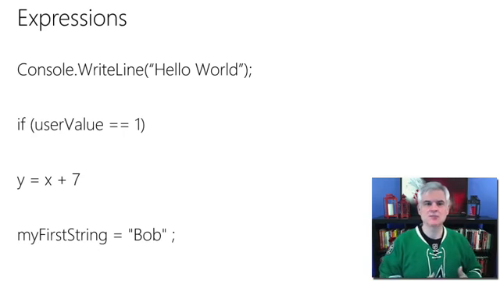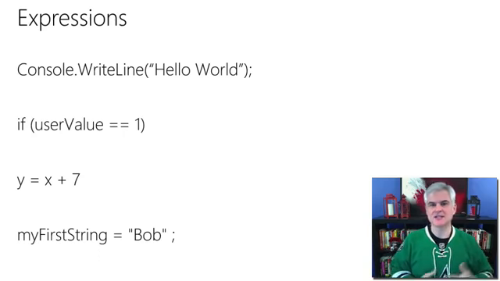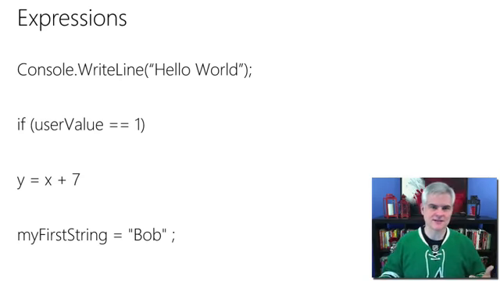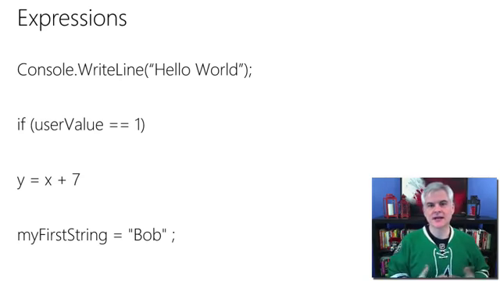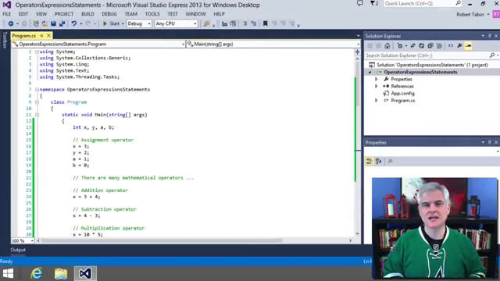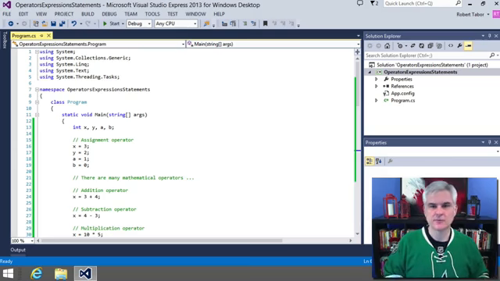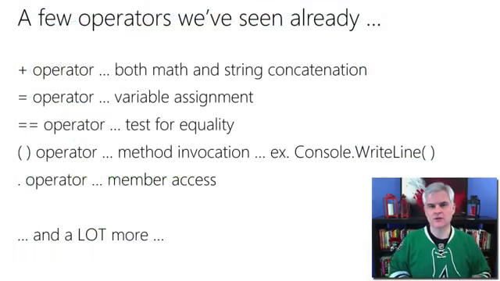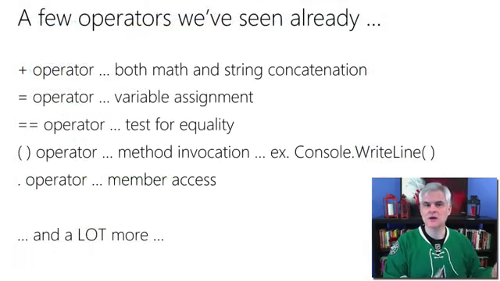But each of these expressions have two things in common. They consist of operators and operands. Operands are things like objects, or for now just think of classes like the Console class. They're also things like variables or literal strings, and I suppose you could call these our nouns. Operators are things like the plus operator, which when working with numeric data was the addition operator.